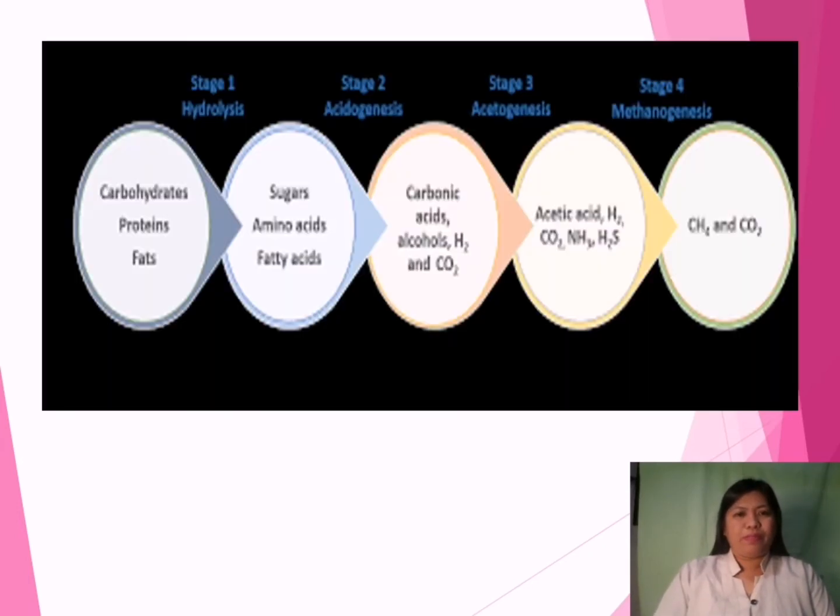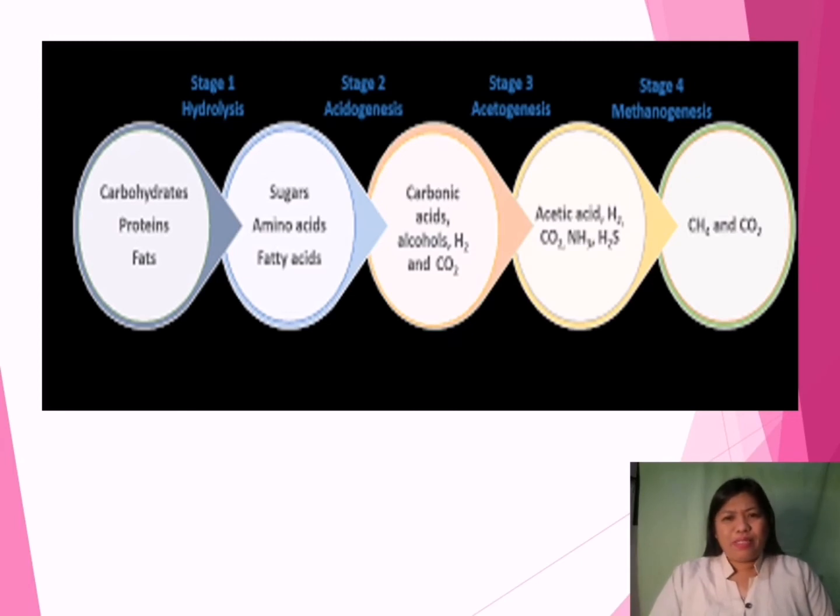For the process, stage 1 is hydrolysis, where we have the carbohydrates, proteins, and fats. Stage 2 is acidogenesis, where we have sugars, amino acids, and fatty acids, which then produce carbonic acids, alcohols, hydrogen, and carbon dioxide.